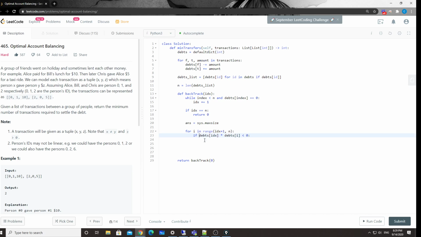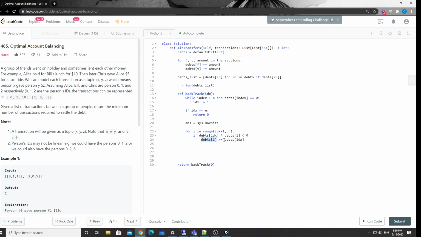As I said, the way we settle is that we always settle the current person, which means after this settlement the debts of index will become 0.